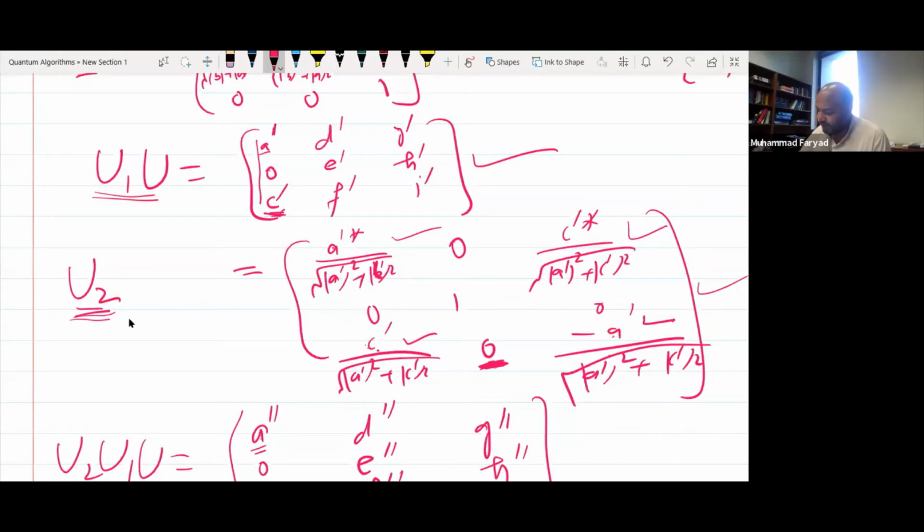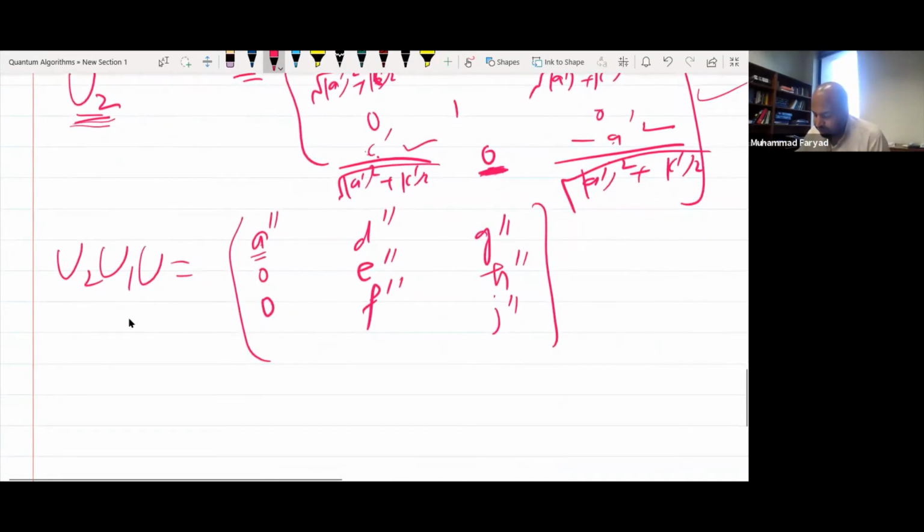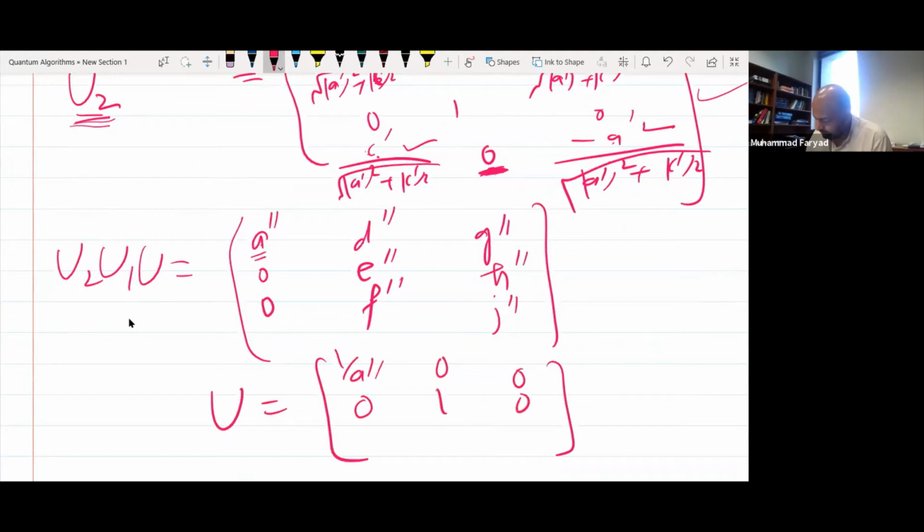Okay, so we can keep it like this, but then in the next step, what we can do is have a matrix like this. It's not even a 2-level matrix, it's just a matrix like this.